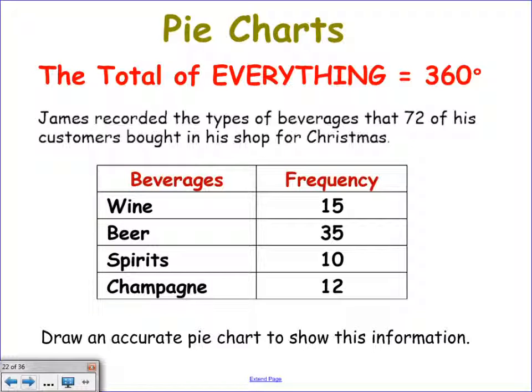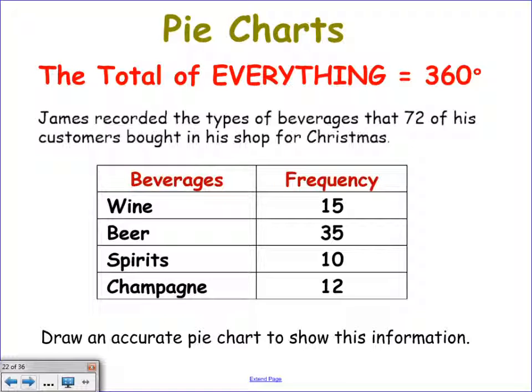So here, I was in a shop before Christmas and we monitored 72 customers and what they bought when they came into the shop. 15 bought wine, 35 bought beer, 10 bought spirits, 12 bought champagne. Okay? So I know that when I add all these up together, it comes to 72.